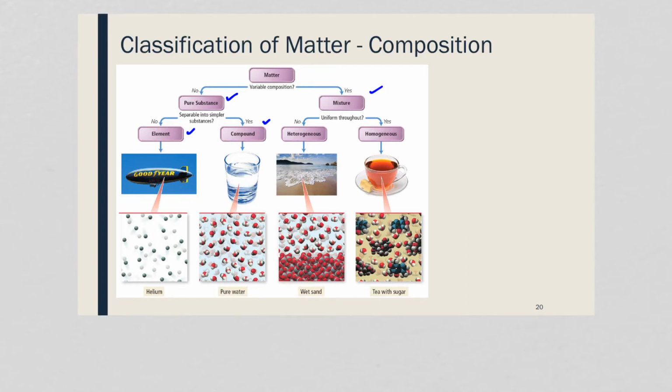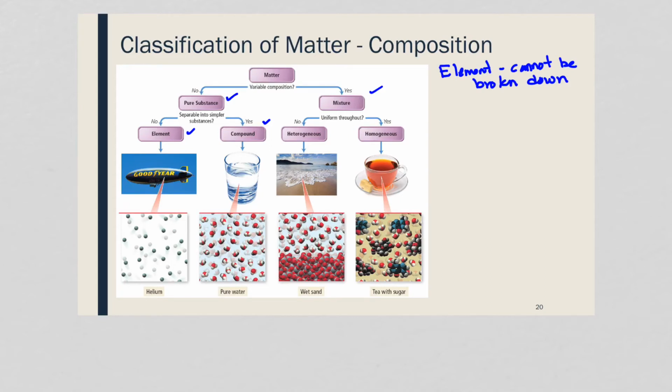So if we want to define these a little bit, or look at some differences, we've got an element here. An element cannot be broken down. So it exists in this way. It's its simplest unit, right? So if I have helium, the element helium, it exists as individual helium atoms. It can't be broken down any further.